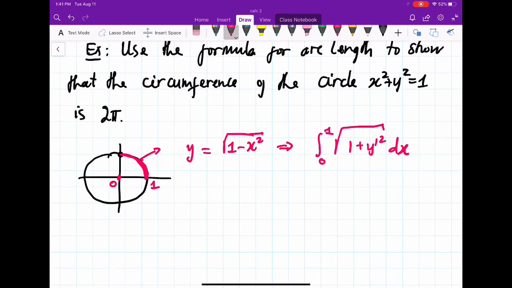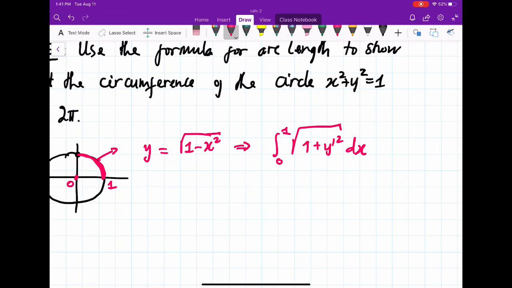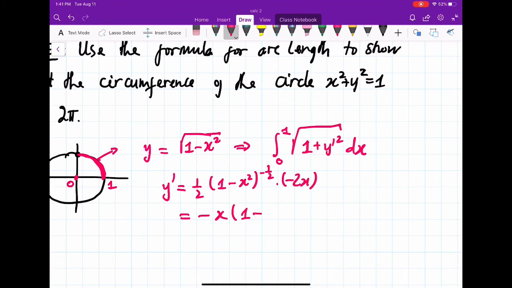Okay, that is the arc length. And y prime in this case is 1/2, I use the chain rule, 1 minus x squared to the negative 1/2 times negative 2x, which is negative x times 1 minus x squared to the negative 1/2.